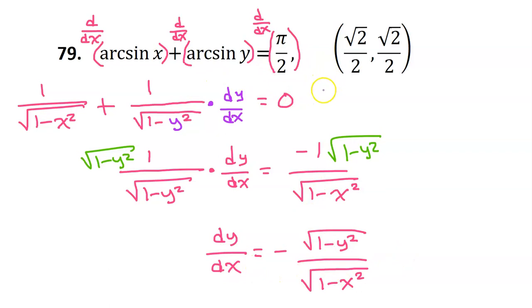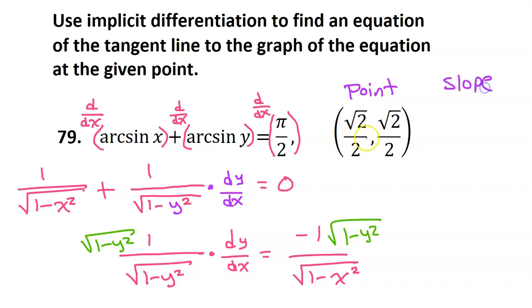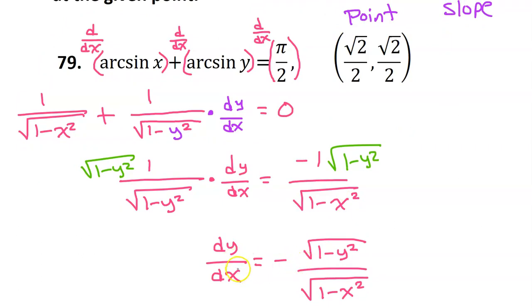But remember, the directions are to find the equation of the tangent line. And in order to do that, we are going to need a point, which we have, and the slope at this point. And that's what the derivative is all about. This equation will give us the slope at this point.